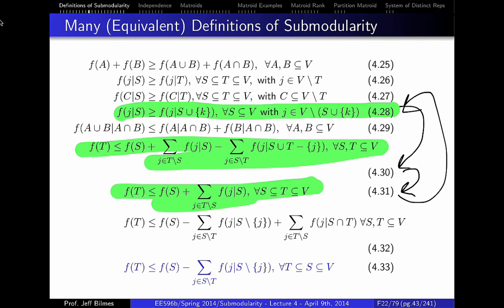Or actually, no, the last thing to show is 4.31 implies 4.28. We've already done 3.0. 3.0 implies 3.1 trivially. We want to show that 3.1 implies 2.8. Are there any questions about 3.0 implying 3.1? I wasn't planning even to talk about that. Okay, let's look at 3.1 implying 2.8.